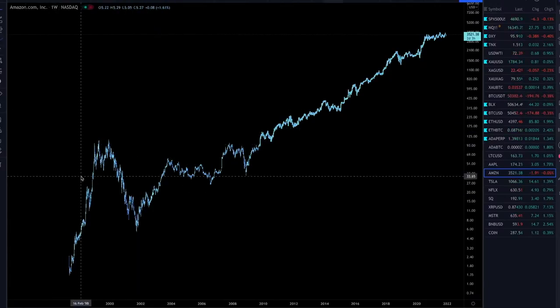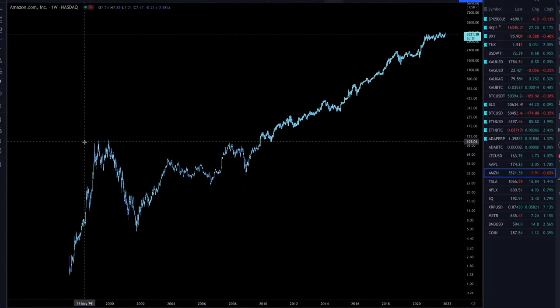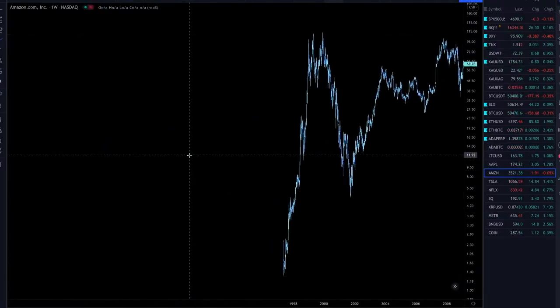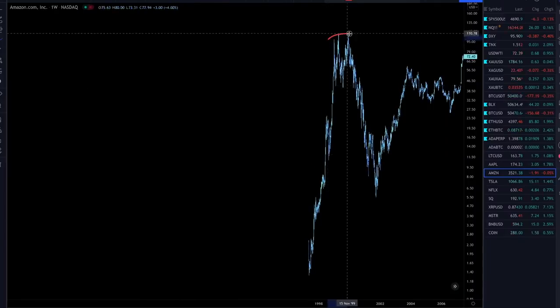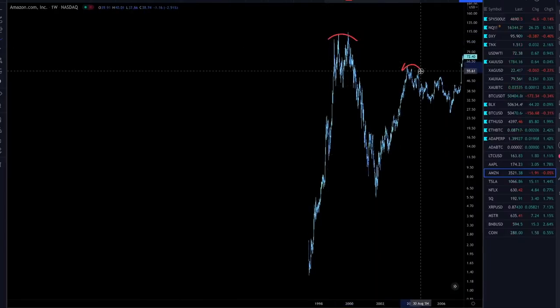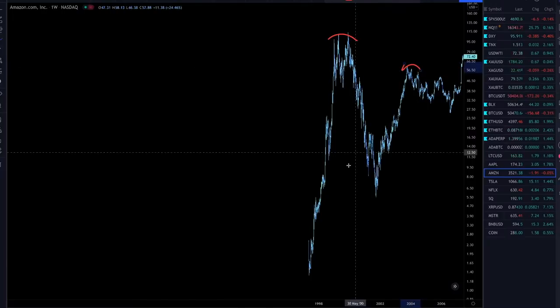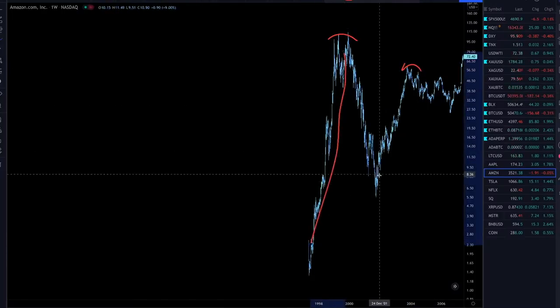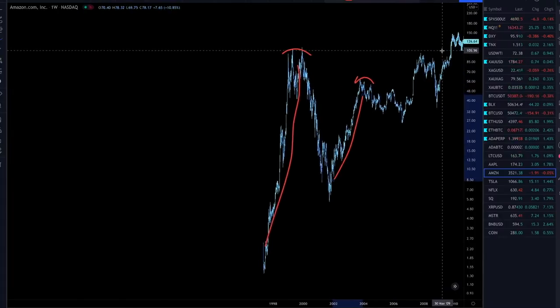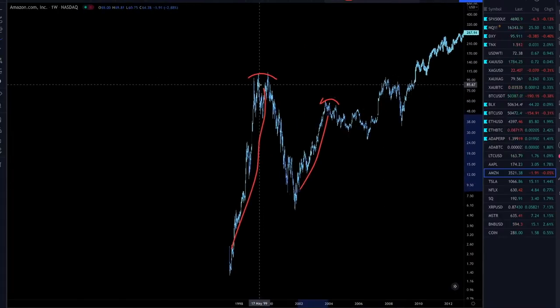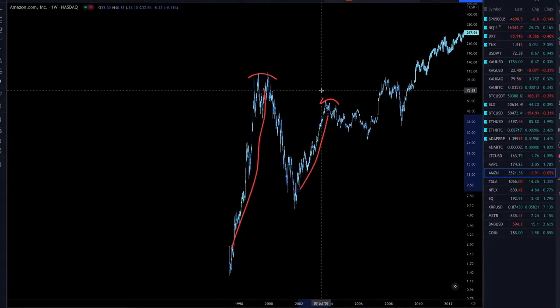Now, you could break Amazon up into 4-year intervals, right? And if someone were watching Amazon as you're watching Bitcoin, would they be like, diminishing returns? Because this return was greater over here than this one, right? And then the next one, I want to go 4 years later, right? So this is 4 years exactly.